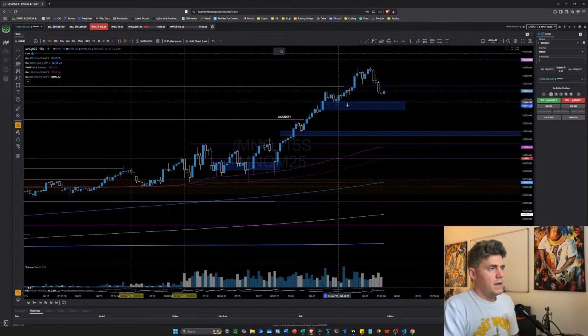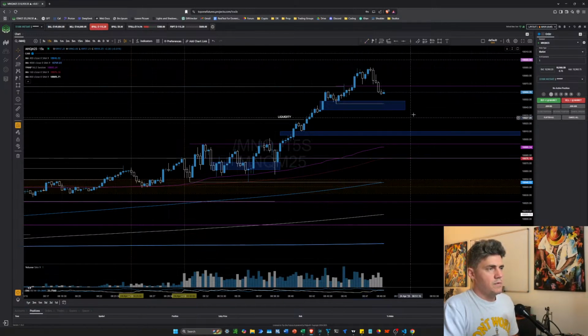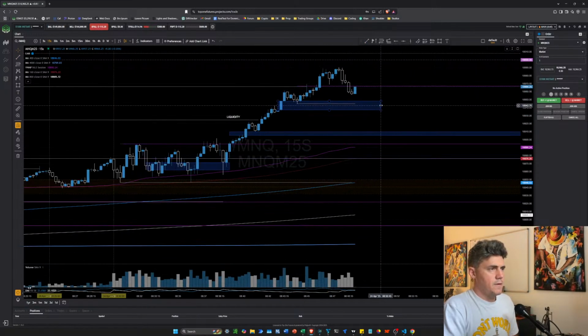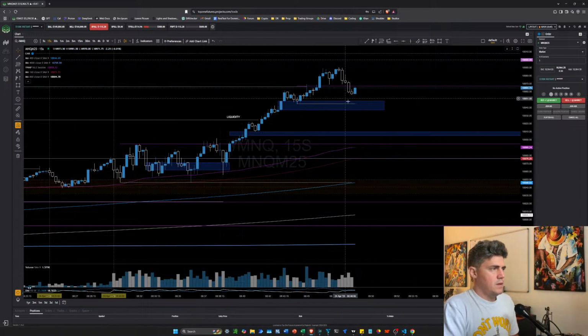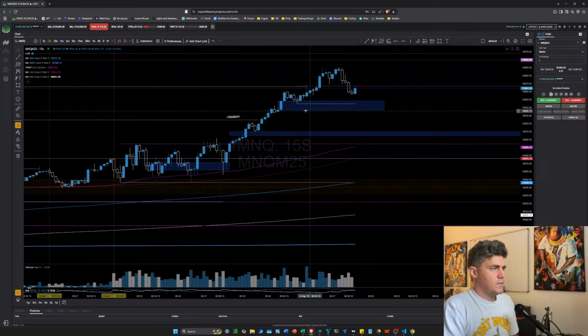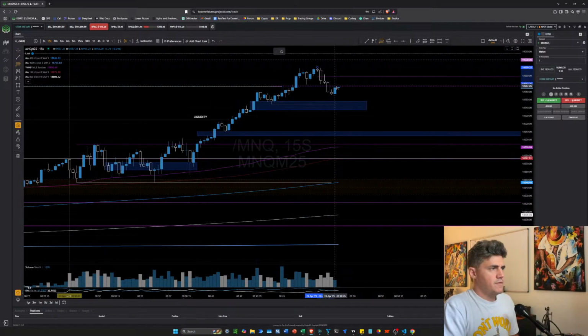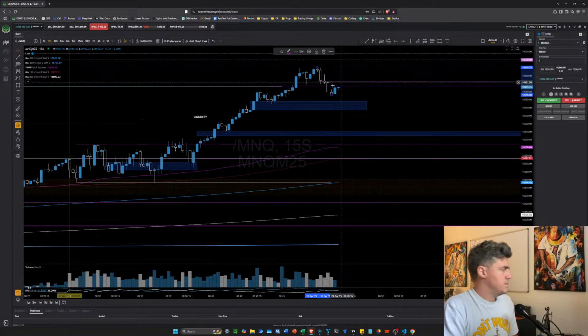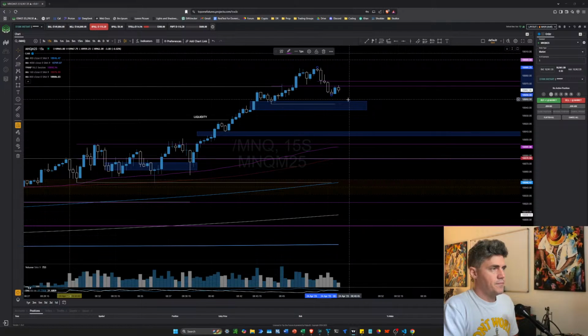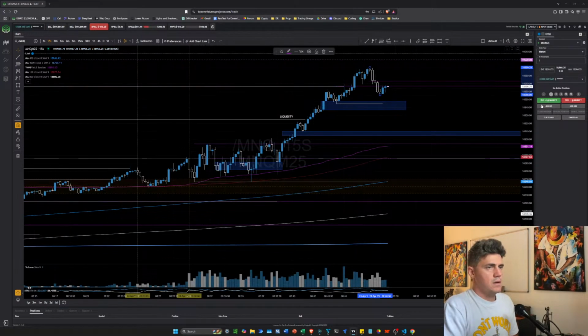I will buy a turtle soup of this in this fair value gap. Shorting 50% of this is a scalp opportunity. Scalping opportunities. Turtle soup or a ledge.